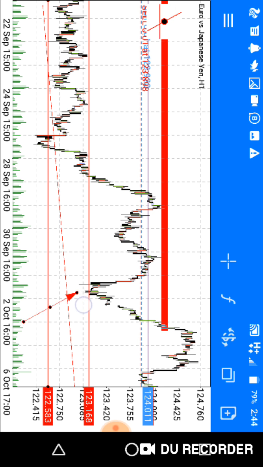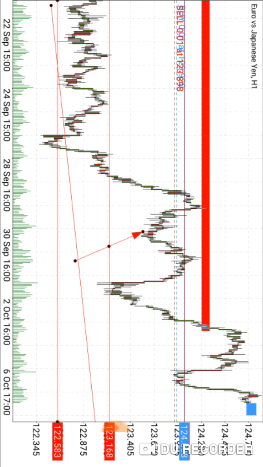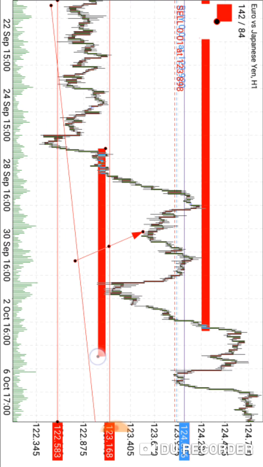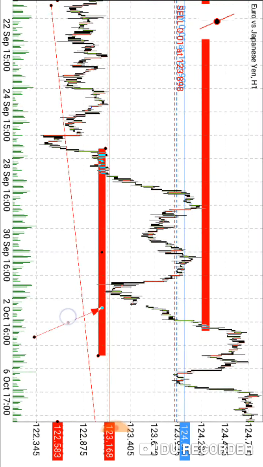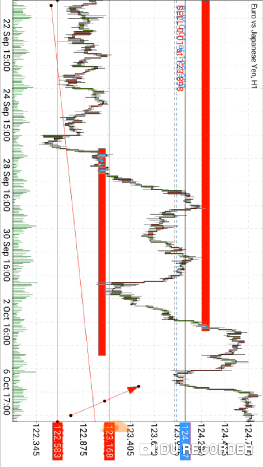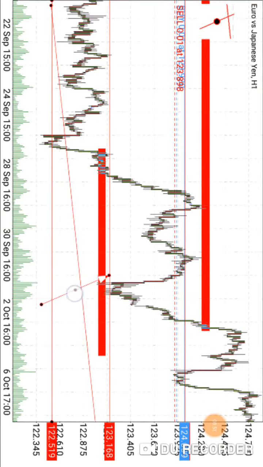Then it bounces back, and every retest point becomes either a support or resistance. Our breakout of this block order becomes a support level, and when the market got there, it reacted and moved up respecting this support level.